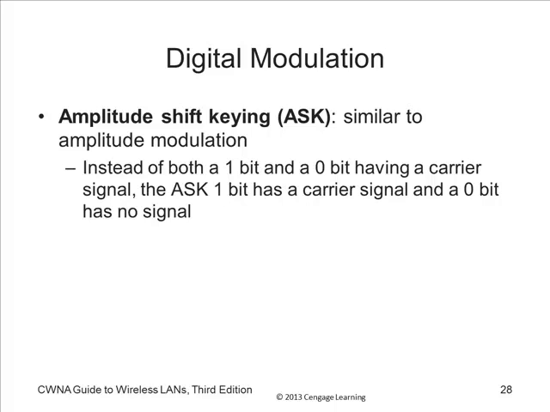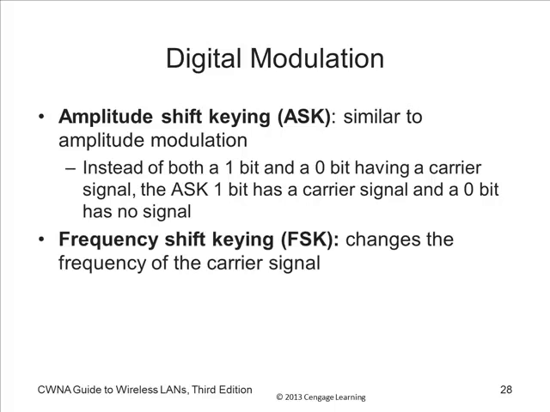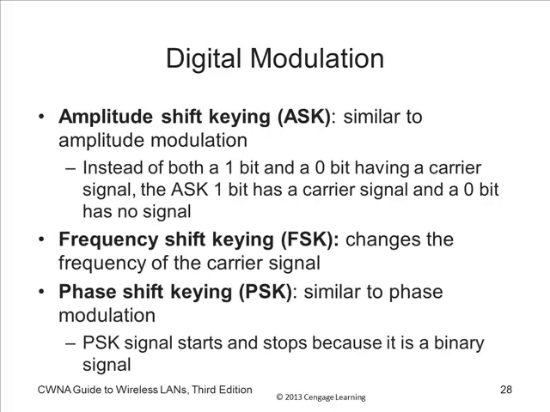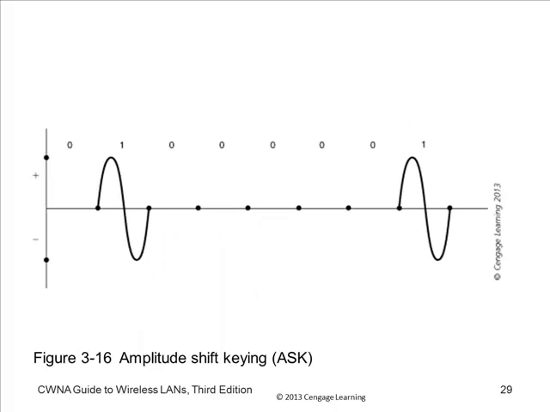Amplitude shift key, similar to amplitude, instead of both a 1 bit and a 0 bit having a carrier signal, a 1 bit has a carrier and a 0 bit has no signal. So amplitude, we do or we don't. Frequency shift key changes the frequency of the carrier, and the phase shift key changes the phase of these things.